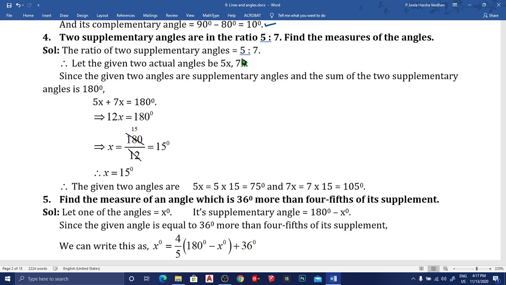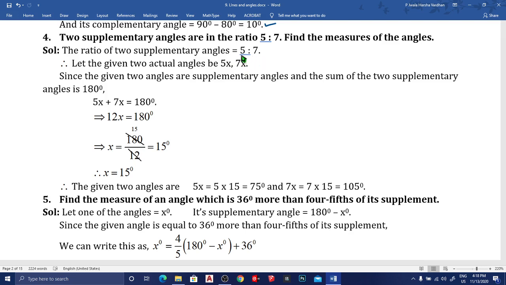To write numbers given as a ratio in their actual form, multiply them with an equal variable like x. If it is 5:7, you can write the actual numbers as 5x, 7x. Let the two actual angles be 5x and 7x, because by multiplying these numbers with the same number, you get this 5:7 ratio.